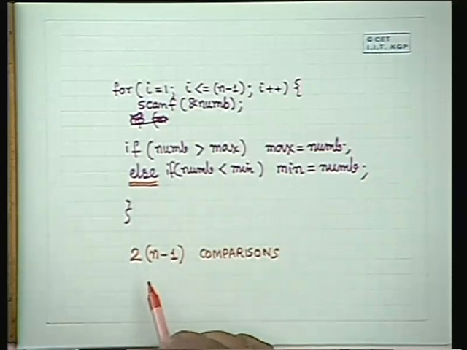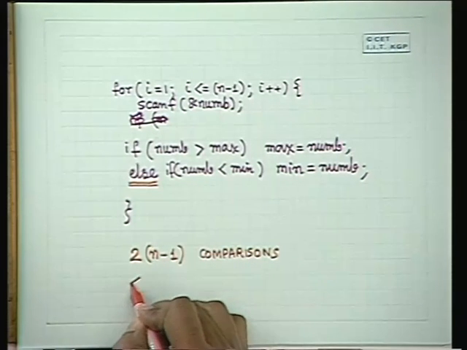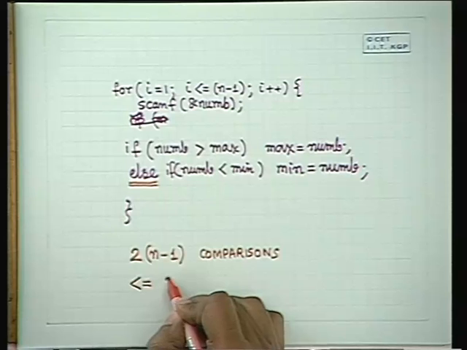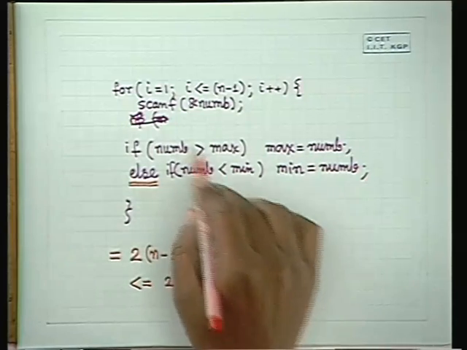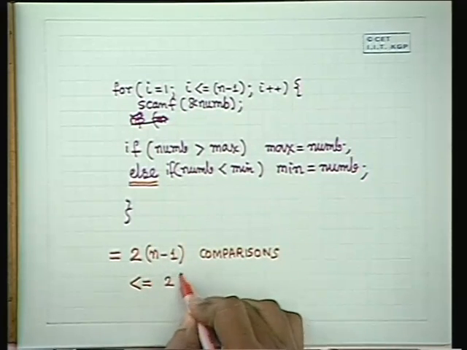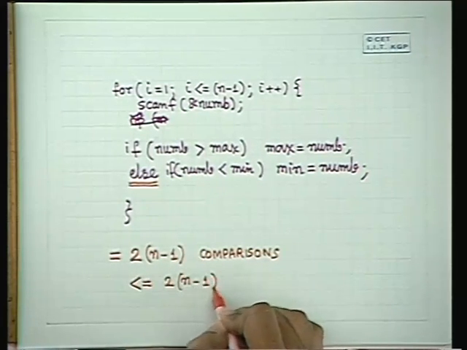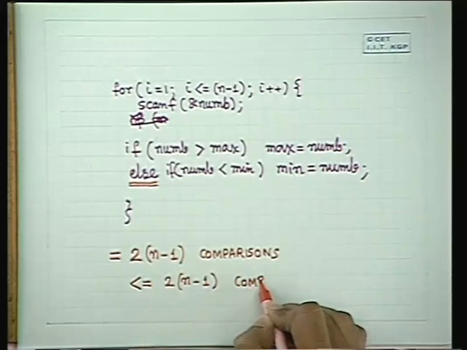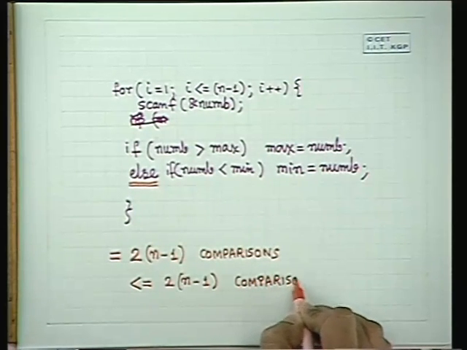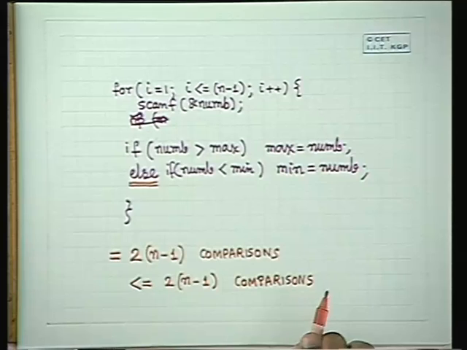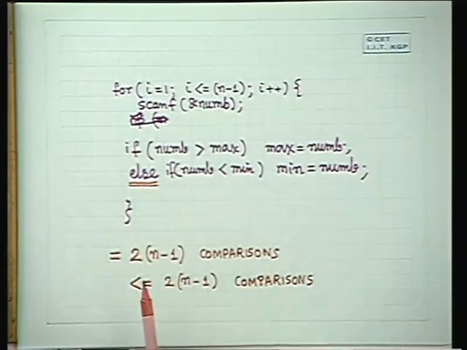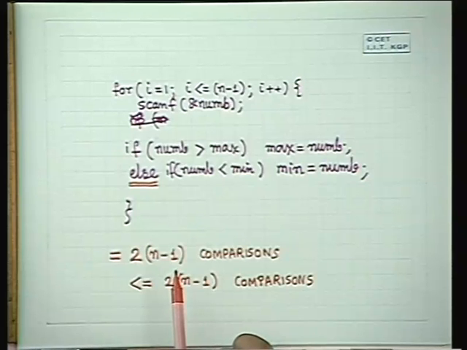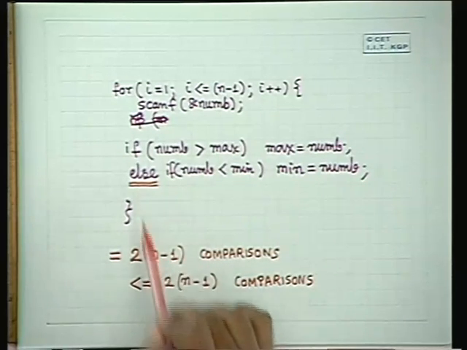Therefore, the previous program made exactly 2 into n minus 1 comparisons and only one assignment. In the other situation, we made less than or equal to 2 into n minus 1 comparisons and one assignment, all other things remaining the same. This actually dictated the difference between the two programs. Therefore, the program with the else was considered to be better.